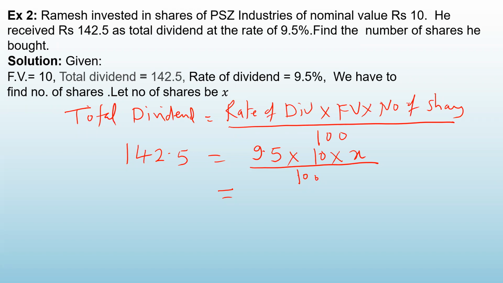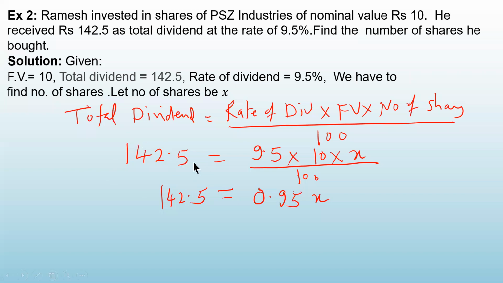So I'm giving you the simple way to solve these equations. Okay, so we will solve 9.5 into 10 and divide it by 100. So you will get here 0.95. And this X I will keep as it is. And this is 142.5. Okay.